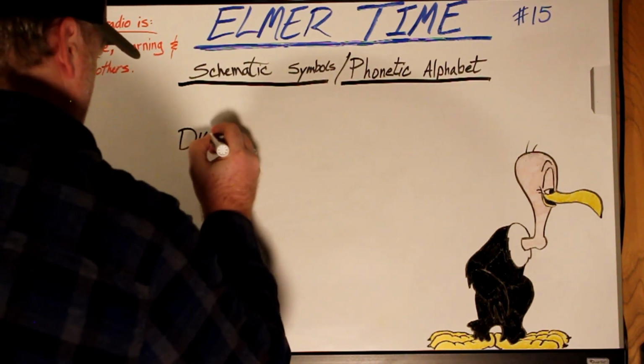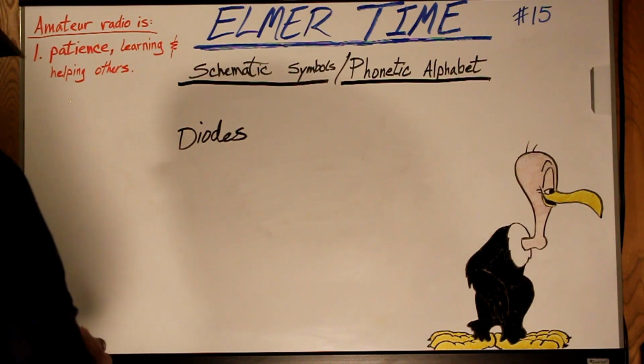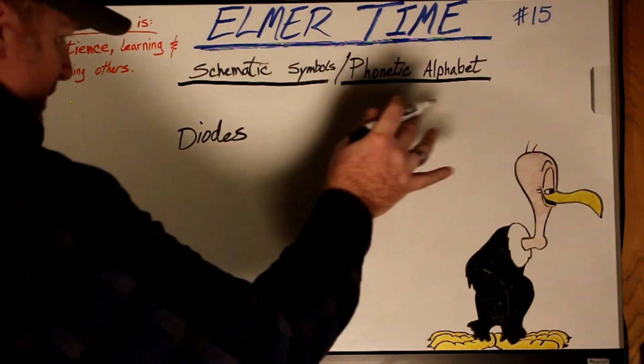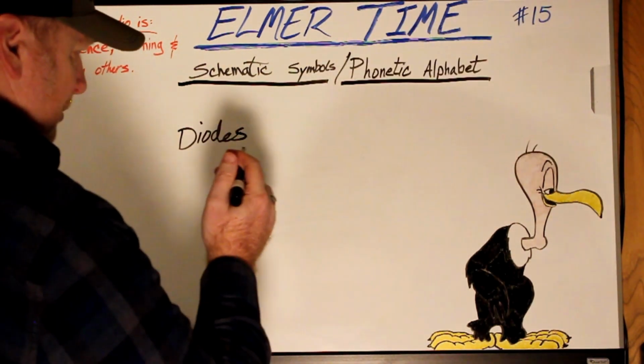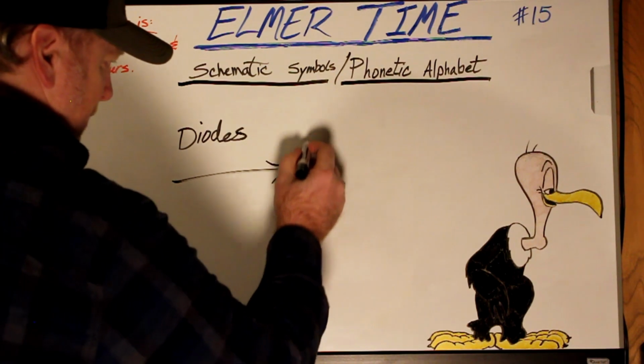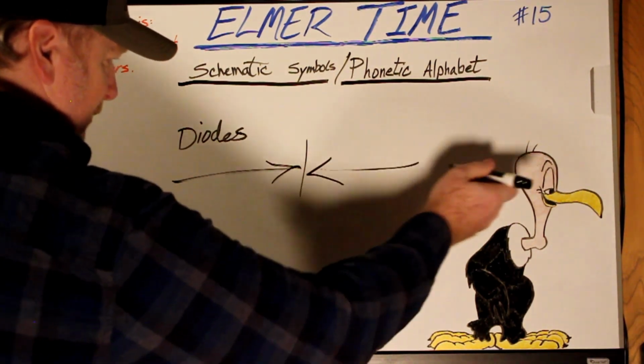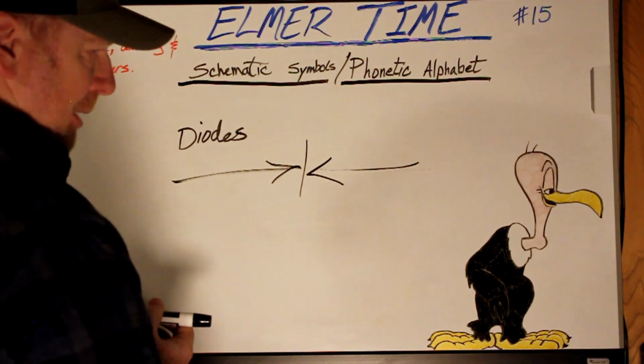Diodes. Diodes are designed to allow current to flow in one direction without any problems, with very little resistance, but come to a wall if power tries to come back the opposite direction.